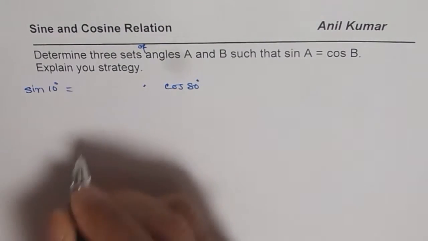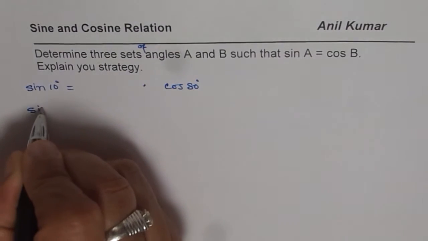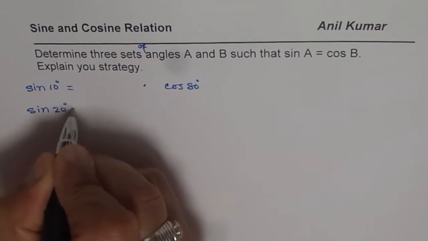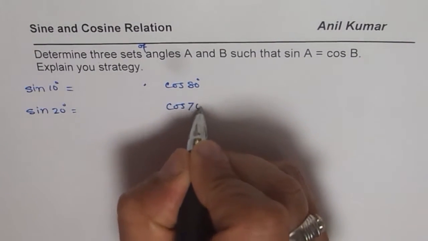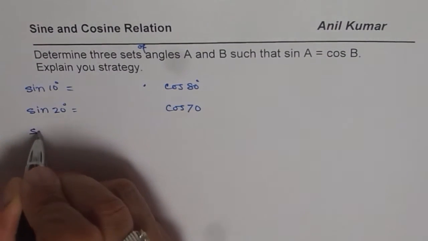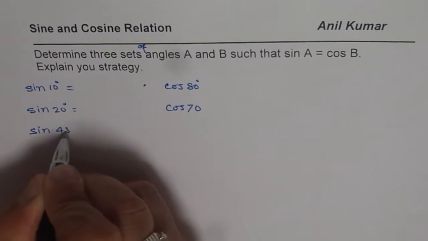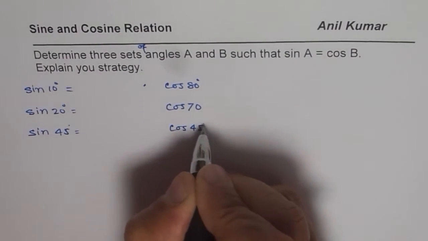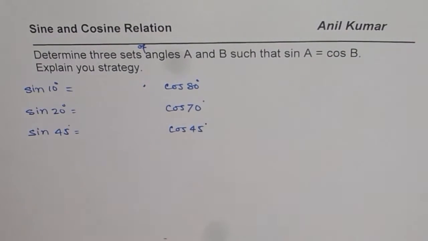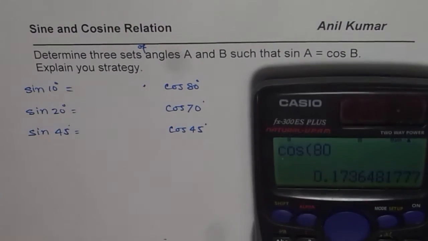You could do sine of 20 degrees and cos of 70 degrees. Then let us do sine of 45 degrees and find cos of 45 degrees. Let us use the calculator and find these answers.